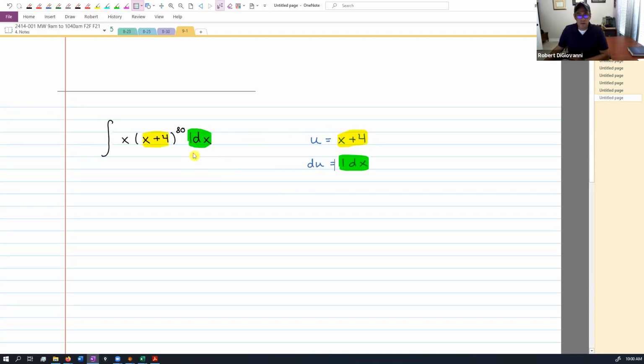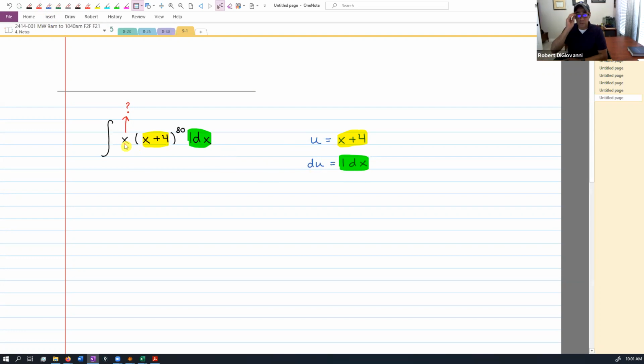Everything's good so far, with the exception of this x. The question becomes, what does that x become? We know what x plus 4 is, that's going to be u. We know that the 1 dx is going to become du, but what does x become?